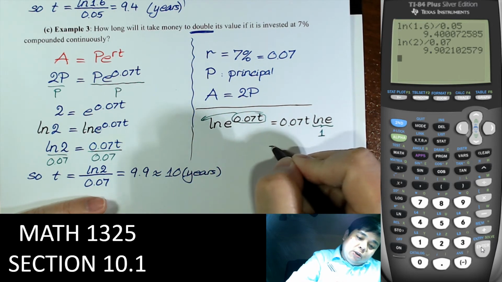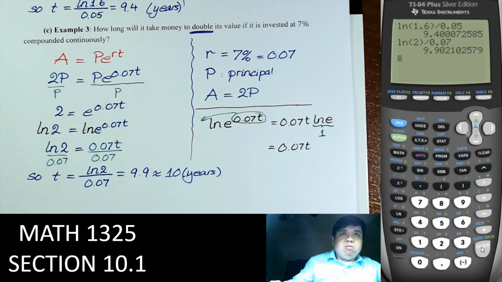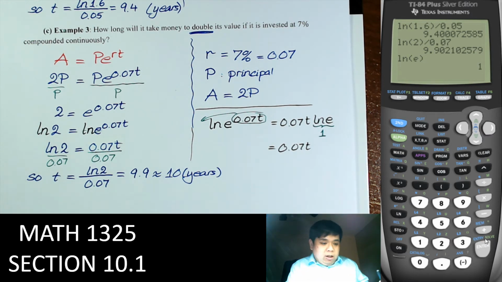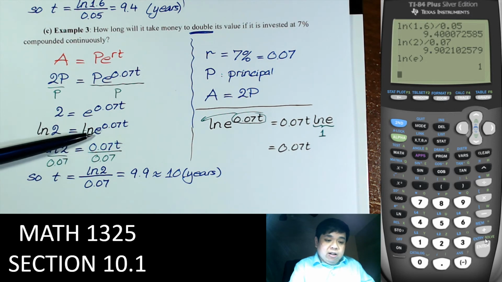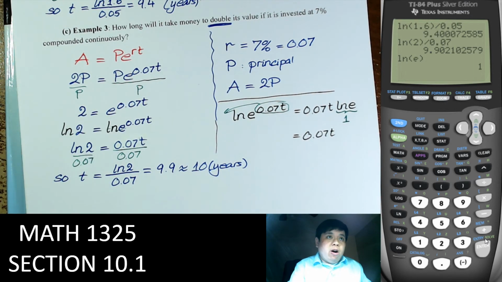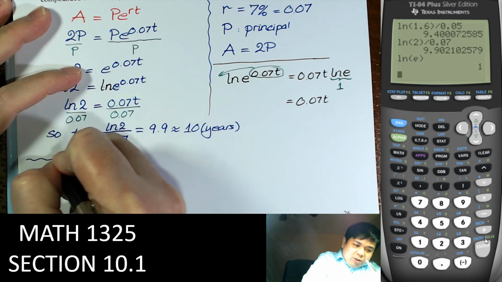So this is equal to 0.07t. So either way, ln and e cancel out, and we have the variable on the exponent, and we solve for that, right?